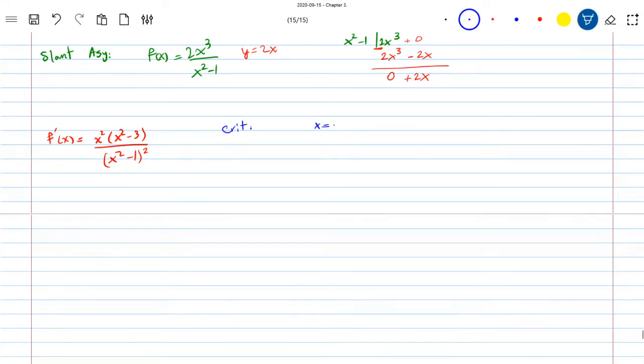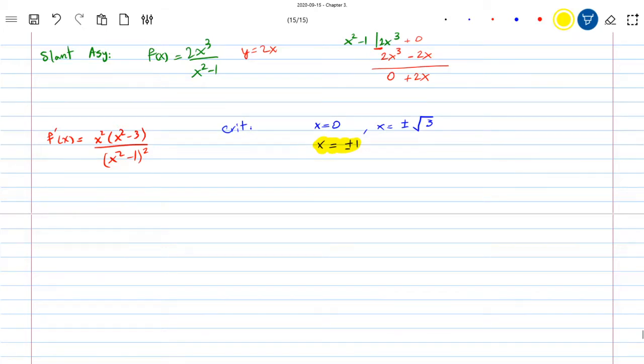So x would be 0, x would be plus or minus square root of 3. These are the critical numbers that make the numerator 0. This means this is when the derivative is 0. And when the derivative does not exist is at plus 1 and negative 1. These two, plus 1 and negative 1, are not in the domain.